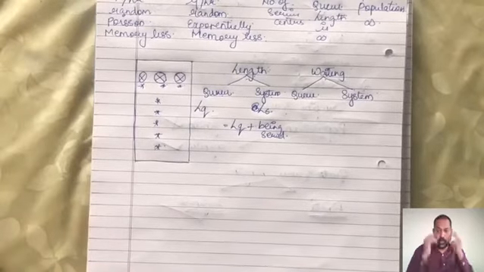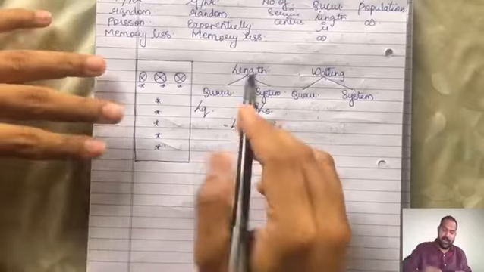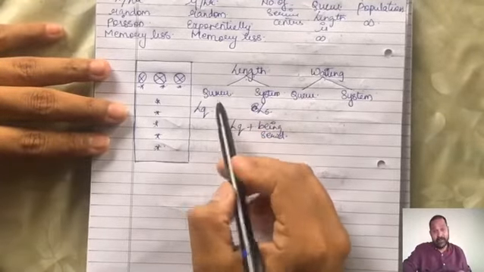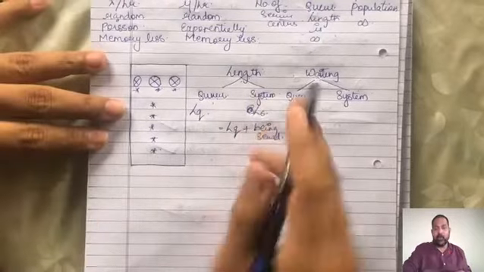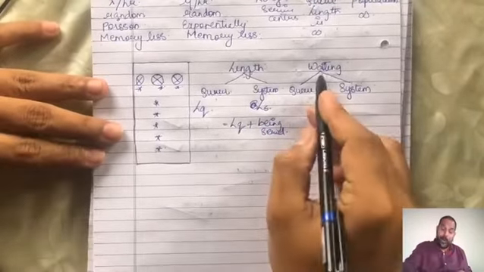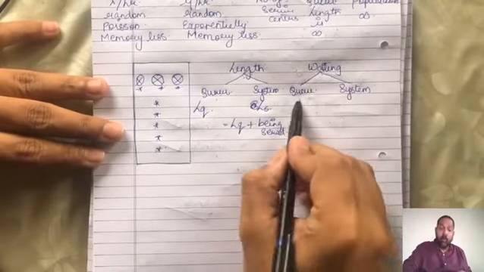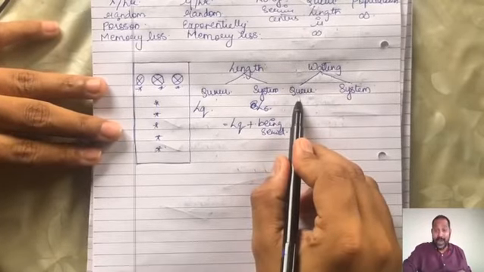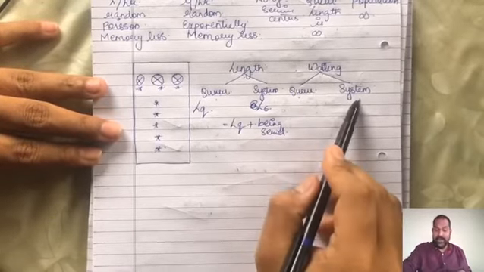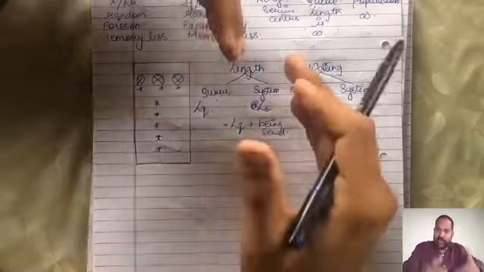We are concerned with two main parameters, length and waiting. By length I mean what is going to be the length of the queue and how many total people in the system or length in the system. By waiting I mean how long is it going to take for me to wait in the queue. And waiting in the system means I will wait in the queue, take the service and then go.